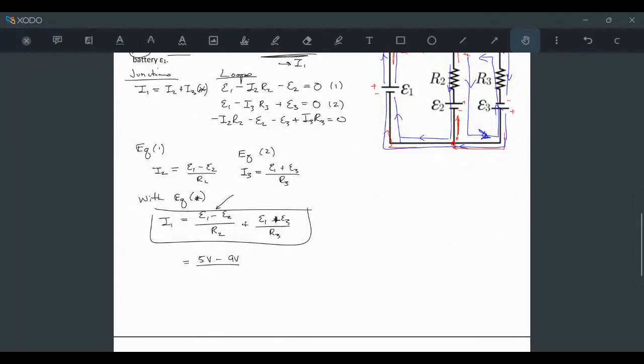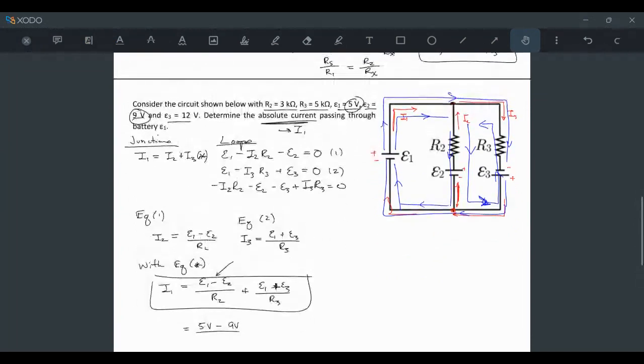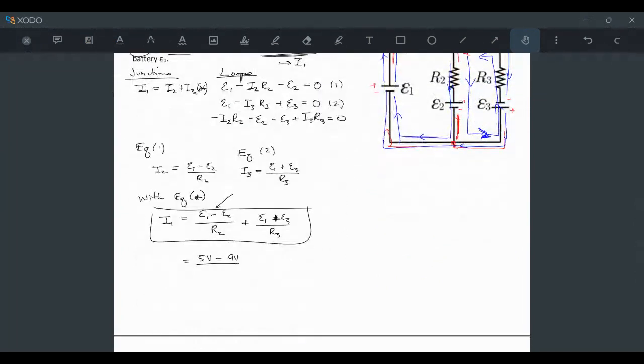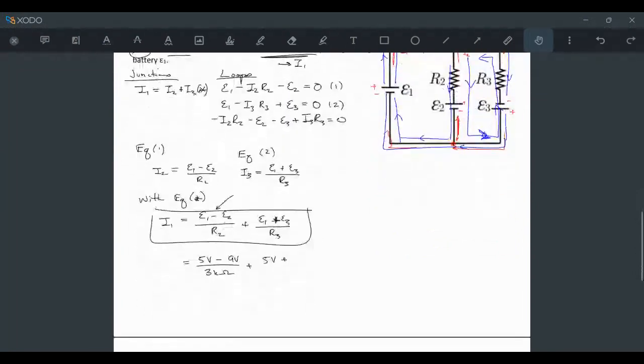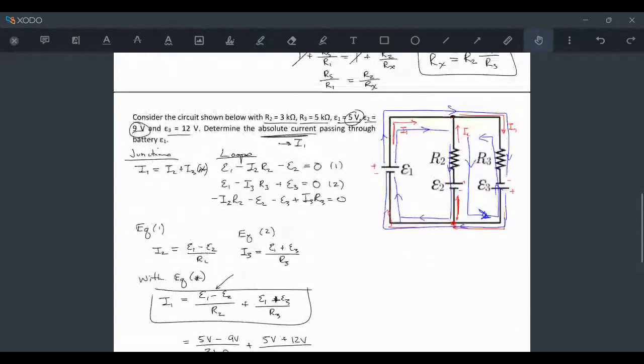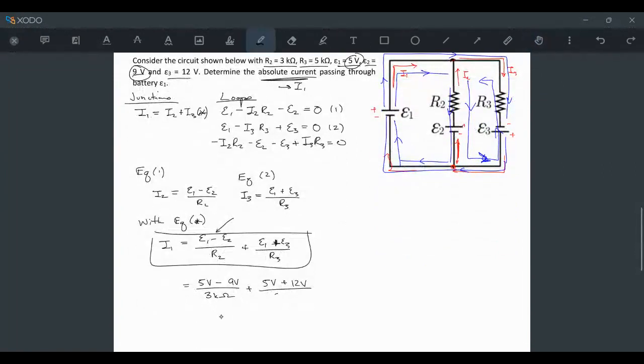So 5 volts minus 9 volts, and the second resistor, R2, was 3 kiloohms. Epsilon 1 again was 5 volts. I think epsilon 3 was 12 volts, and R3 was 5 kiloohms.